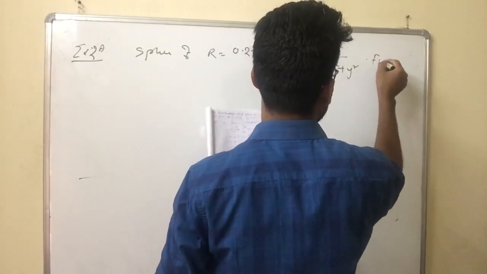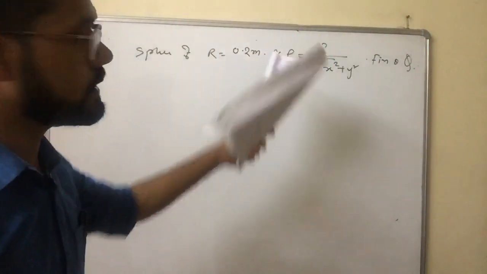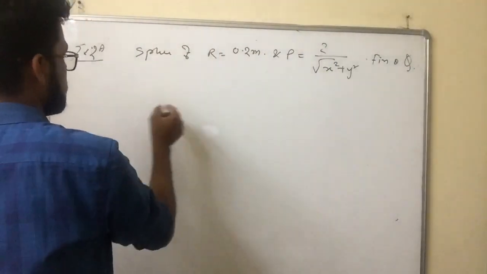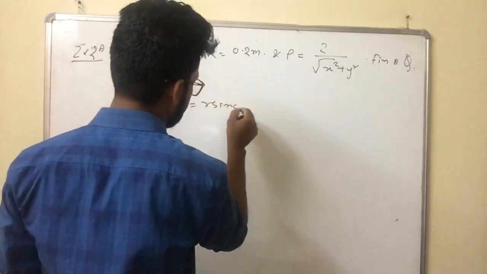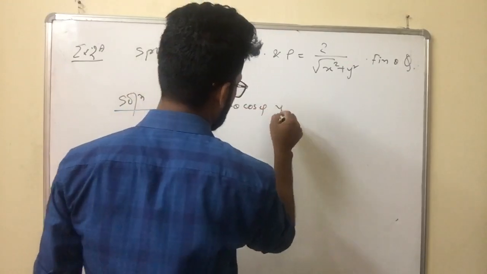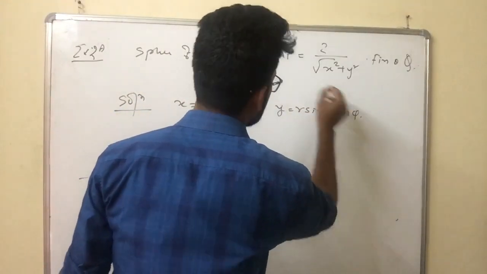Find the total charge. It is a spherical system, so first of all, in the solution you have to consider x equal to r sin theta cos phi, y equal to r sin theta sin phi. You put this value here.